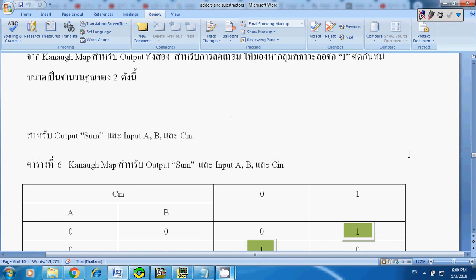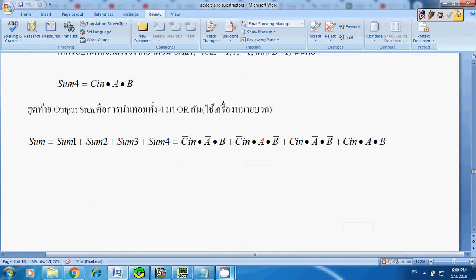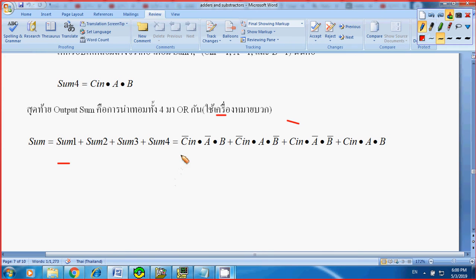Either you write the correct output expression here, and then you have to make a correct circuit.